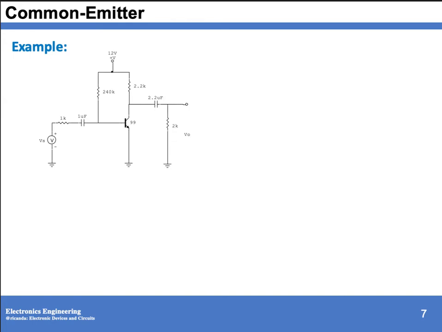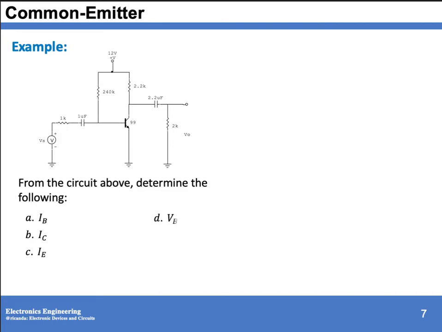So we have this example. We have a beta of this transistor which is equivalent to 99. So during DC analysis, all these capacitors, your C1 and C2, are open. So we have to determine the following: IB, IC, IE, voltage at the base, voltage at your emitter, as well as the voltage at your collector.